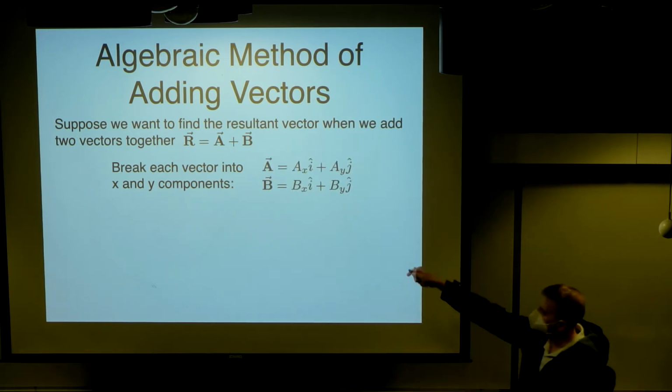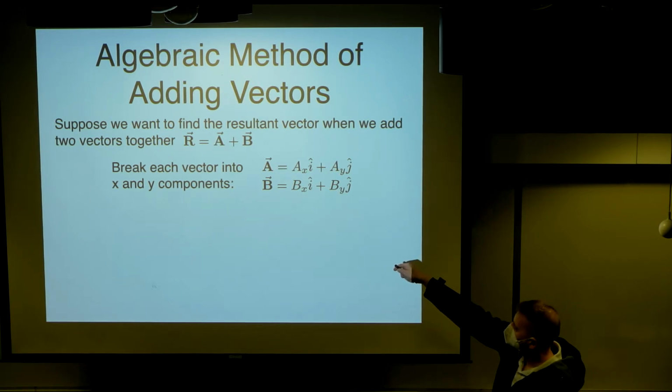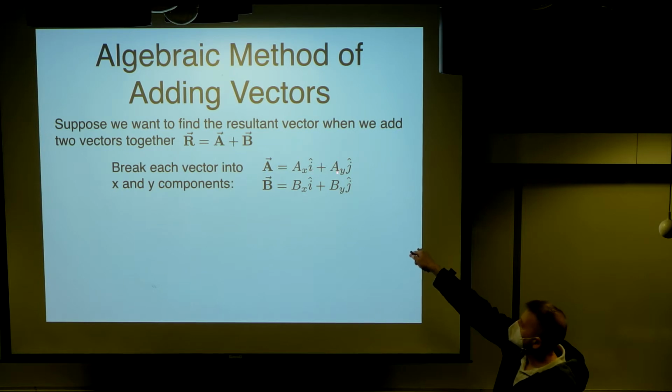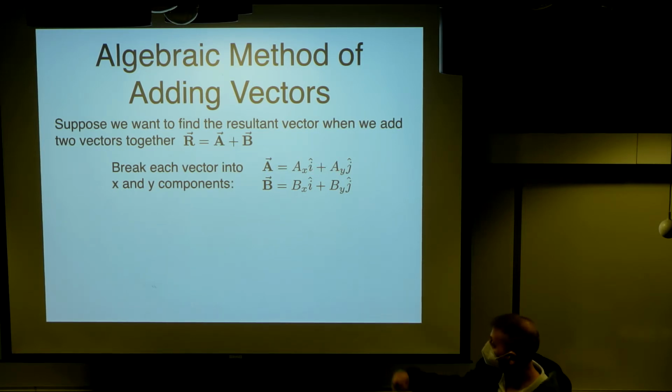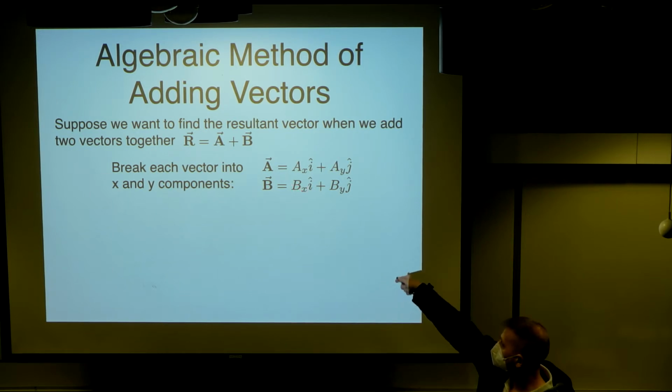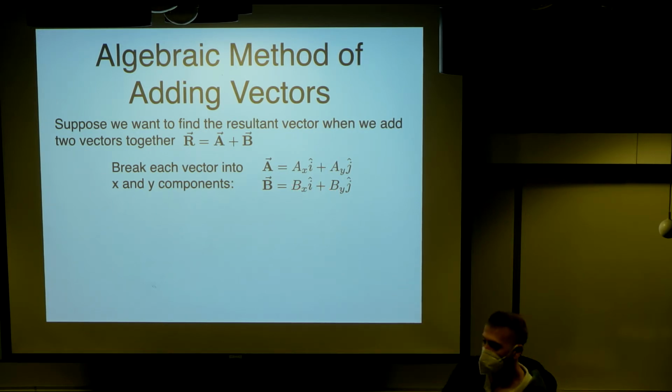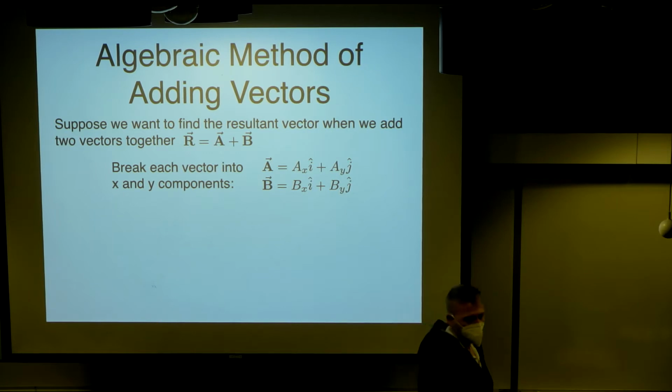You remember how this looks? If I'm trying to write vector A in component form, it's AX times I hat plus AY times J hat. If I'm trying to write vector B in component form, it's BX times I hat plus BY times J hat, correct? That's just generically how it works.